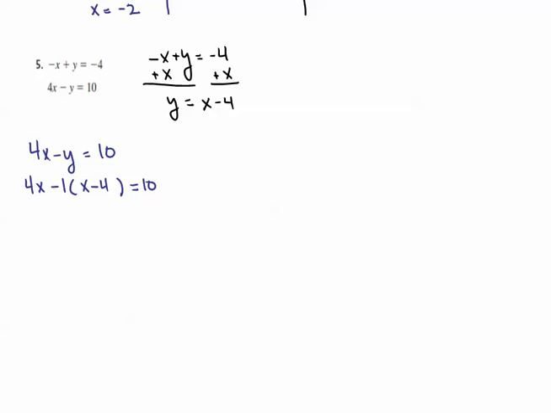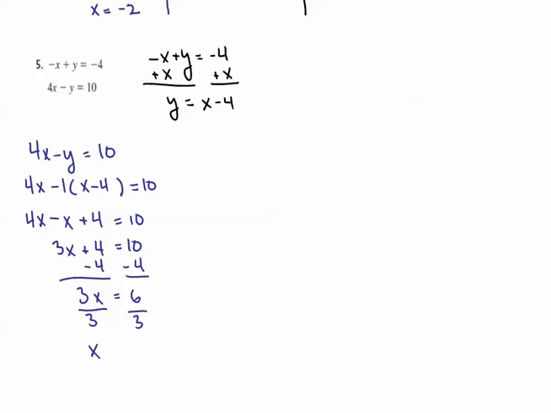Remember, you can think of that being a negative 1 in front of the parentheses, so I'm going to multiply negative 1 times x, negative x, negative 1 times negative 4, positive 4, and that's equal to 10. 4x minus x is 3x, plus 4 is equal to 10. Subtracting 4 on each side, I get 3x is equal to 6. Dividing both sides by 3, I get x is equal to 2.